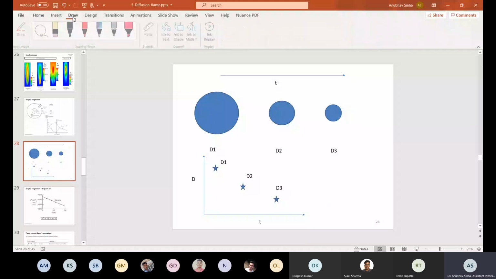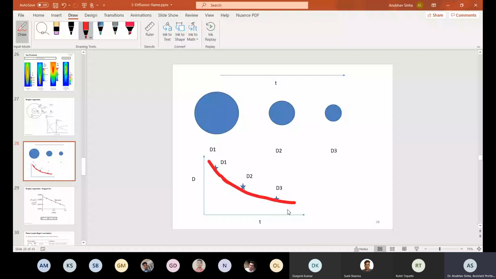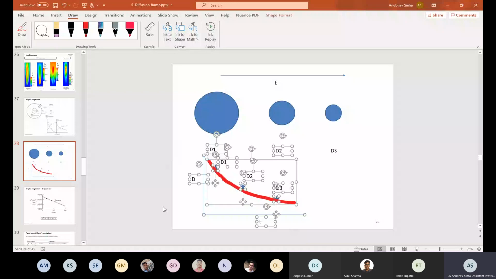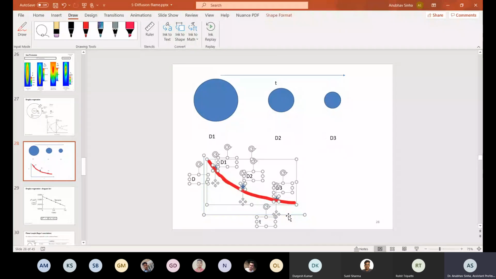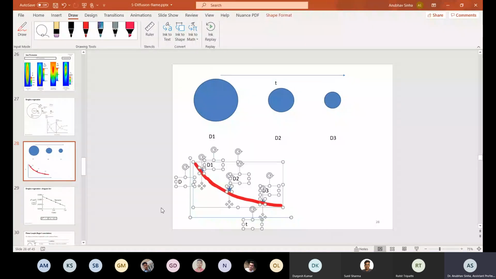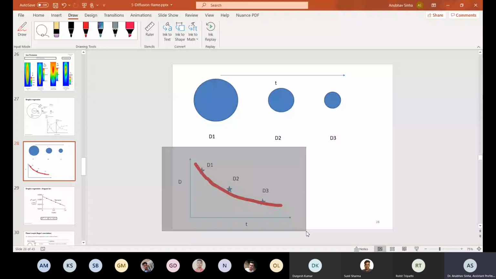So this will be a curve, right? This will give me some curve like this. So this is how diameter is varying with time. Now let us say that instead of plotting d with time, I plot d square.